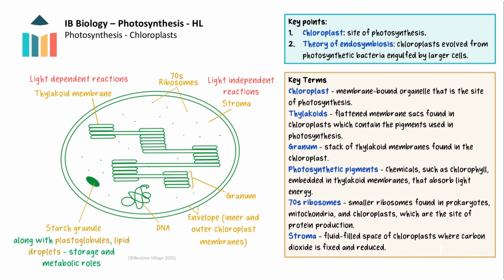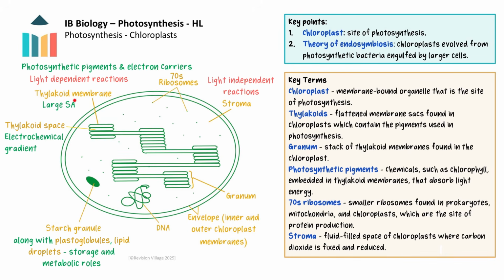The key adaptations of the chloroplast for photosynthesis are: the thylakoids provide a large surface area for the absorption of light, and the thylakoid space is very narrow, allowing a rapid build-up of an electrochemical gradient for chemiosmosis. More on this very soon. The thylakoid membranes contain the photosynthetic pigments responsible for the absorption of light energy, which is converted into chemical energy.